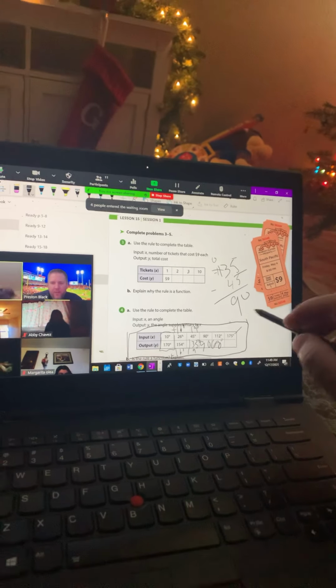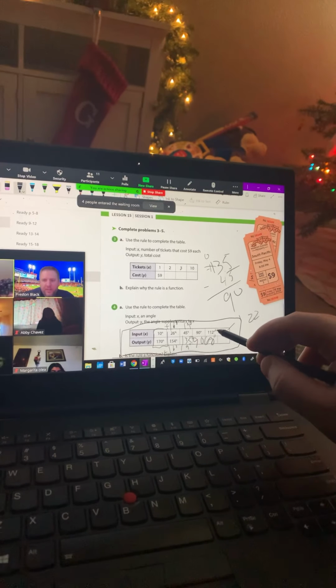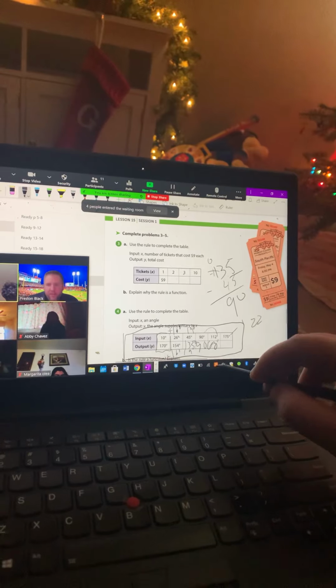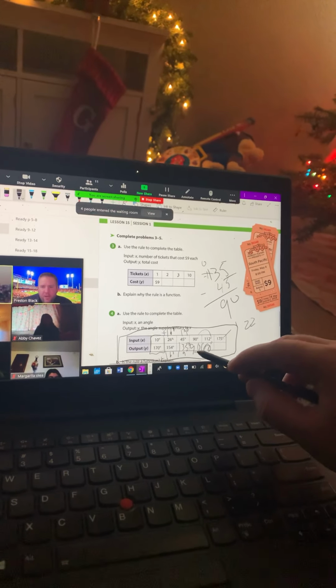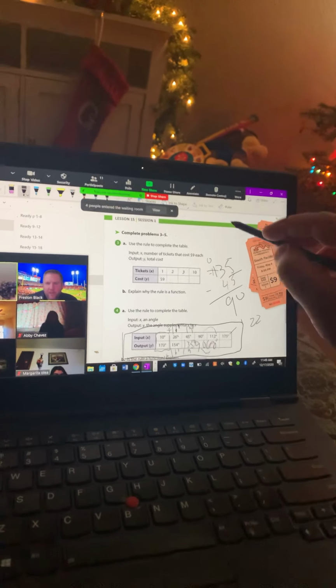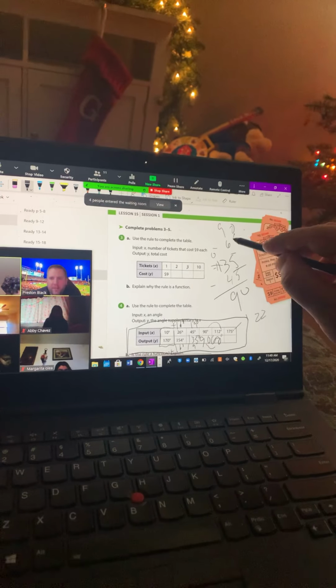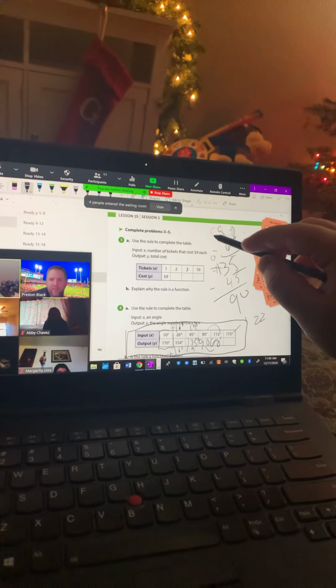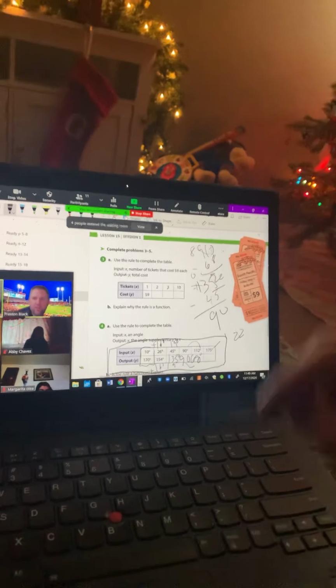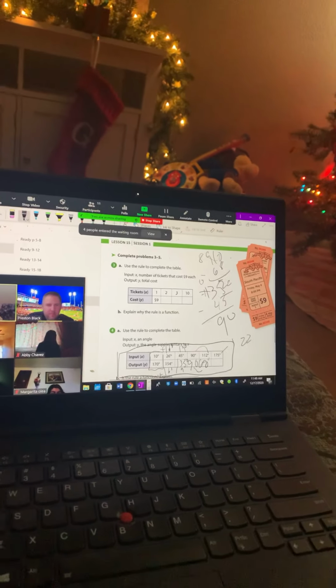Because you went up 22 degrees from here to here. So you must go down 22 degrees from here to here. So 90 minus 68, 22. Yep. So it adds up.